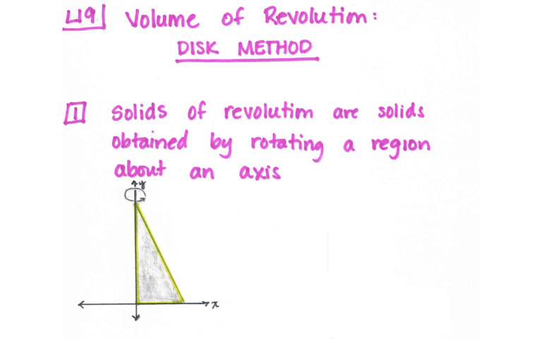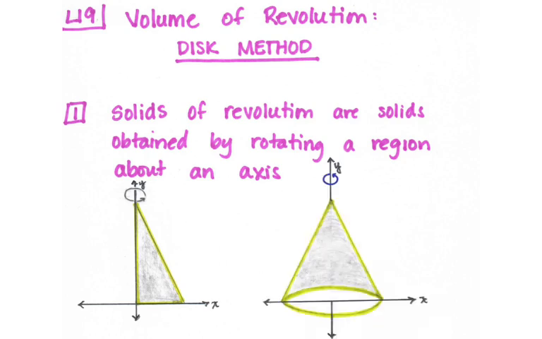When you spin this right triangle around the y-axis really, really fast, so it's a revolution, it's rotating, you end up with a three-dimensional object that looks like a cone. Our job is to find the volume of this cone that is created by spinning this two-dimensional object around the y-axis.